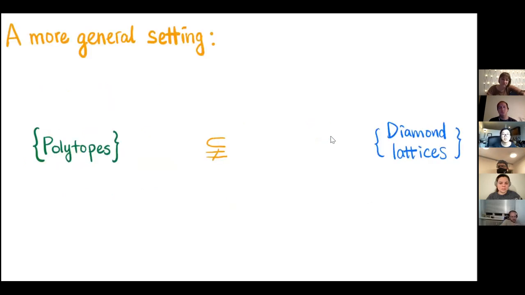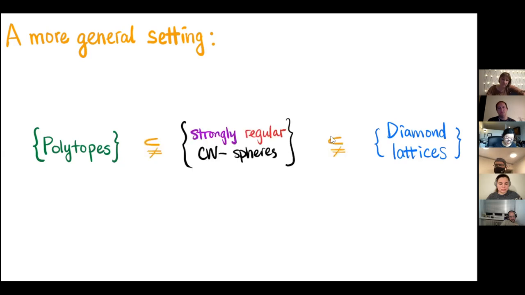And then for the equality cases, in particular the uniqueness of the equality case, you can probably imagine it cannot be generalized to all diamond lattices, but we generalize it to the following family in between, which is called strongly regular CW spheres. I think the strongest result we got is that we prove it for some strongly regular CW pseudomanifolds, but to keep it simple in this talk, we'll just focus on CW spheres.